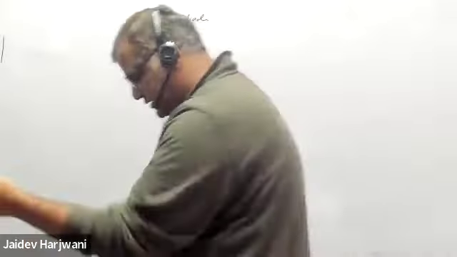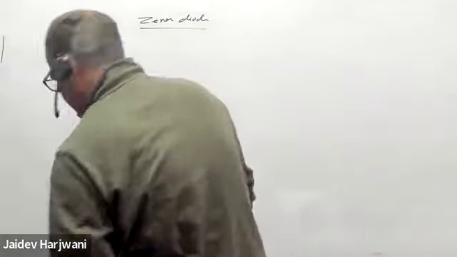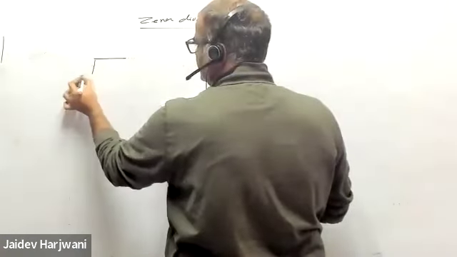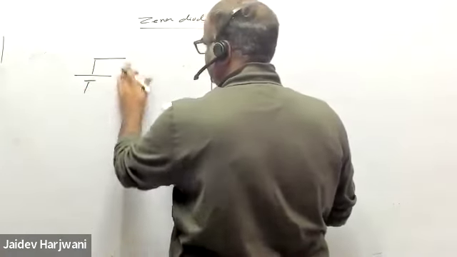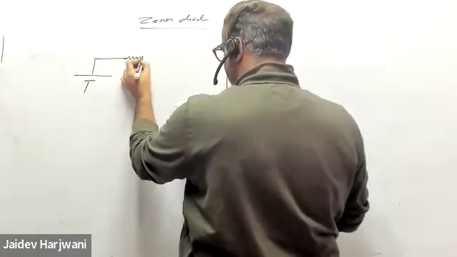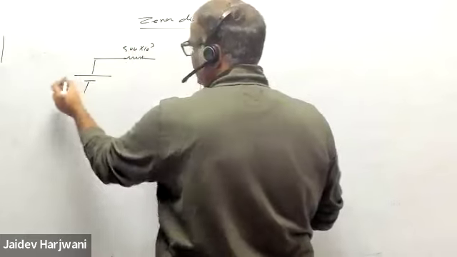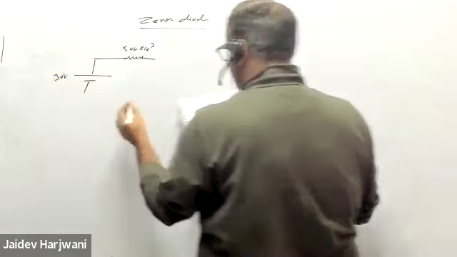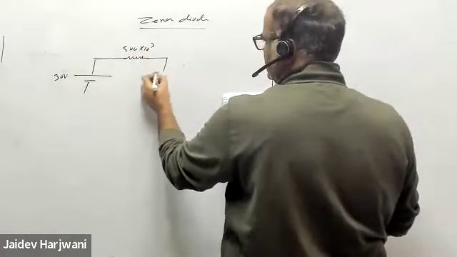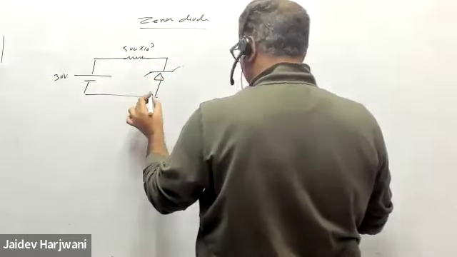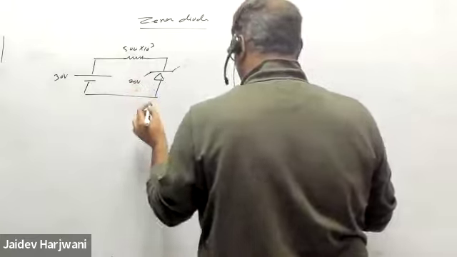The next question is, you have been given 500 kilo ohm. Okay, and this is your 30 volt. And this is your Zener diode with 20 volt.